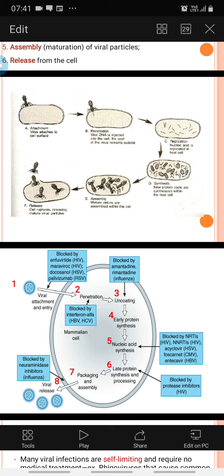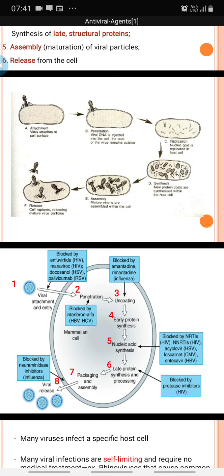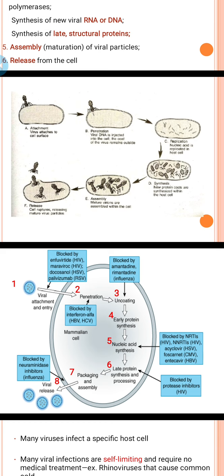Number 4, replication, early protein synthesis and nucleic acid synthesis. For HIV, they are blocked by the NRTI and NNRTI, that is the nucleoside reverse transcriptase inhibitors and non-nucleoside reverse transcriptase inhibitors. Examples are zidovudine, lamivudine, nevirapine, etc. For herpes simplex virus, nucleic acid synthesis is blocked by acyclovir.